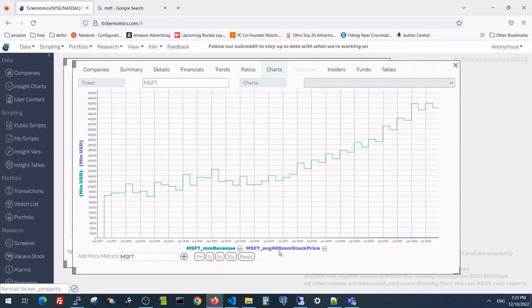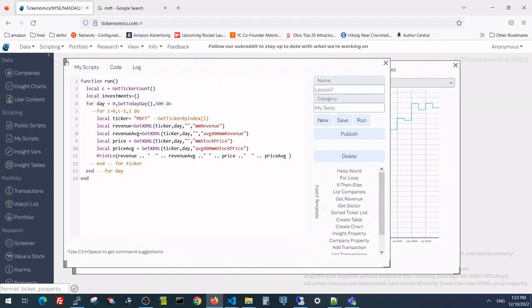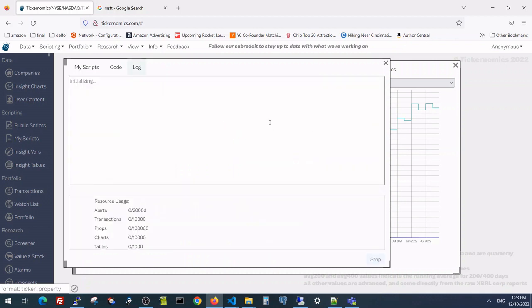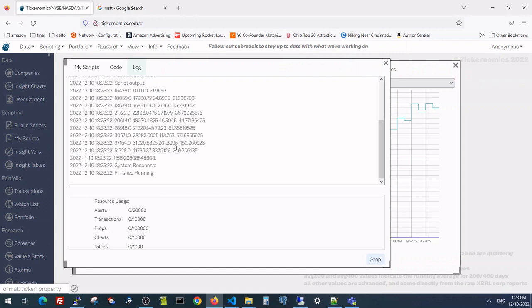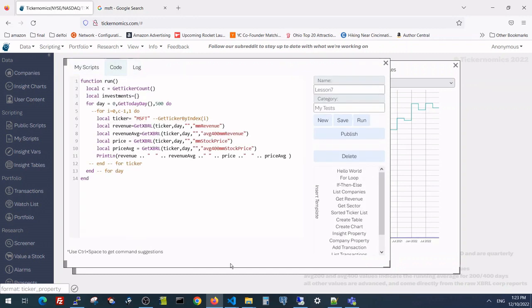Average 400 stock price. I thought it's exactly what I'm using. Oh, I forgot one more of this. Okay, now it should be good. Here we go. So now we have good numbers. I'm quite confident about these numbers.